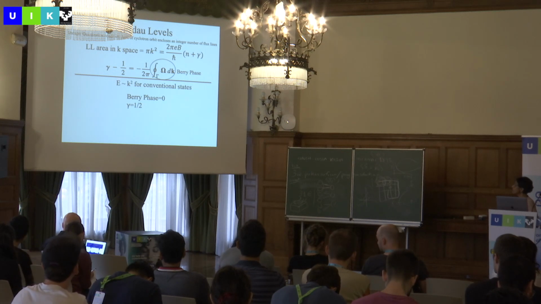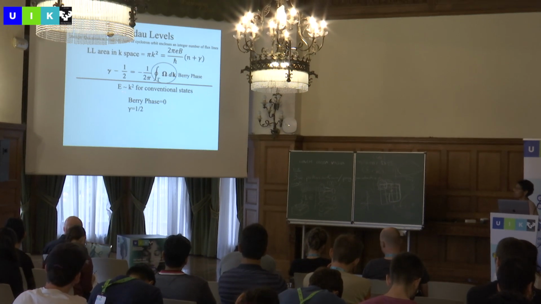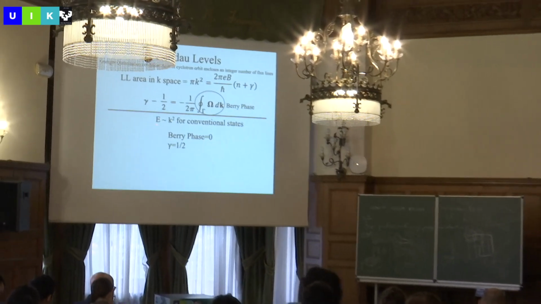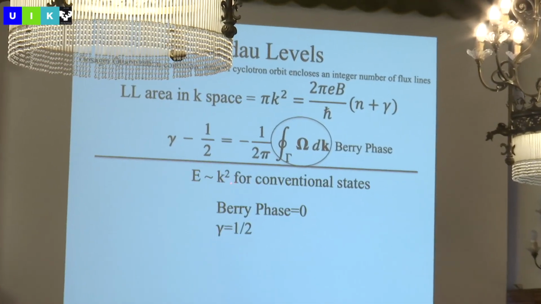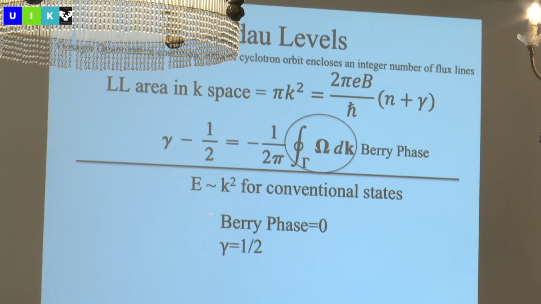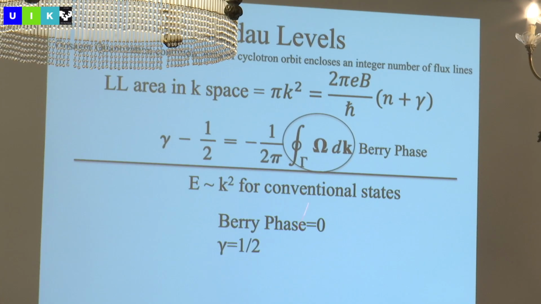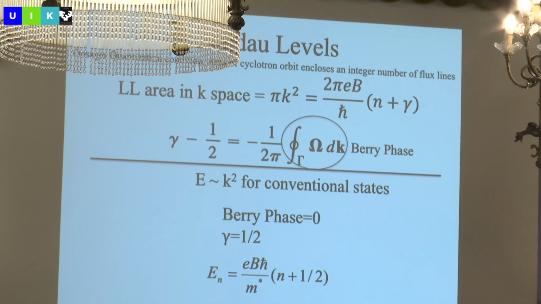So let's start with electrons that are like normal electrons where the energy goes as k squared. And in this case, Berry's phase is 0. So this gamma is equal to a half right here, right? And so the Landau level spectrum, when you turn on a field, the energies fall into these Landau levels.